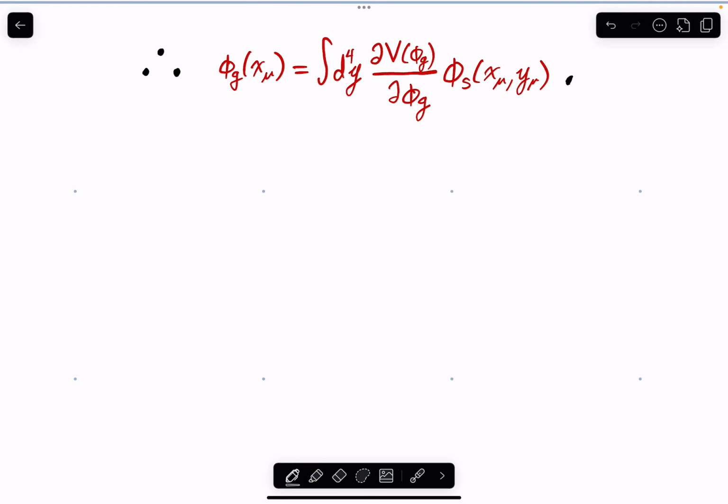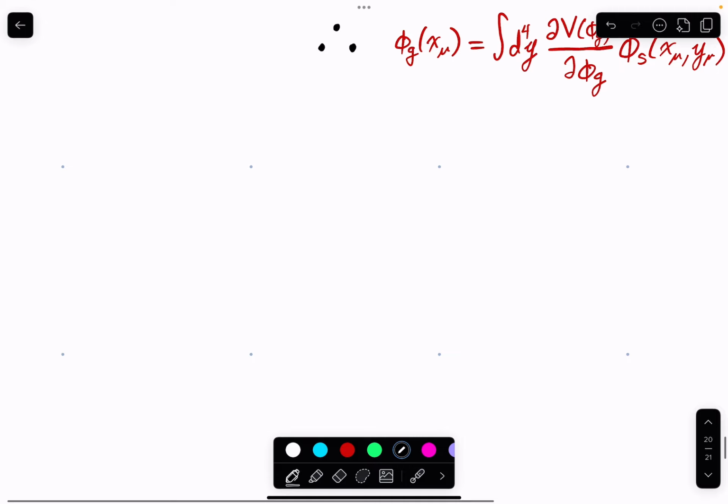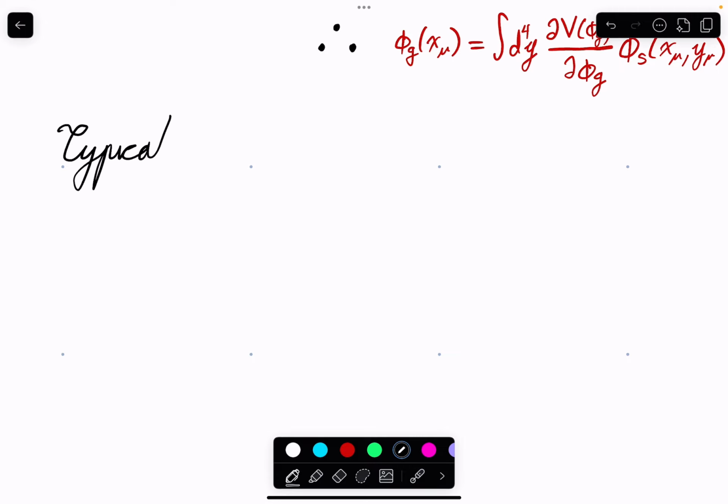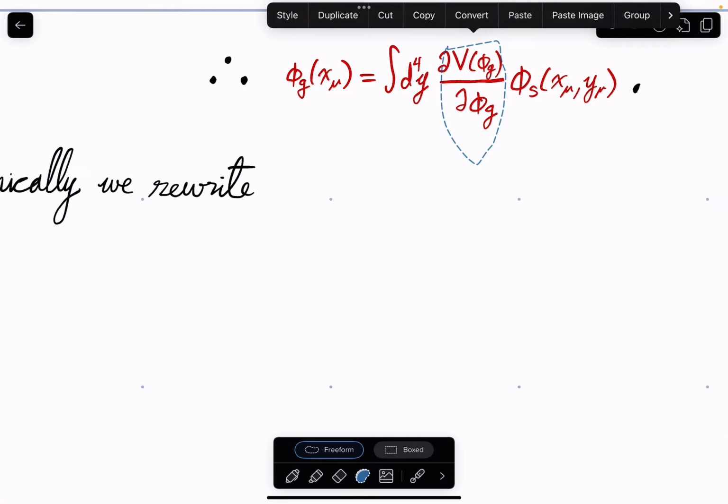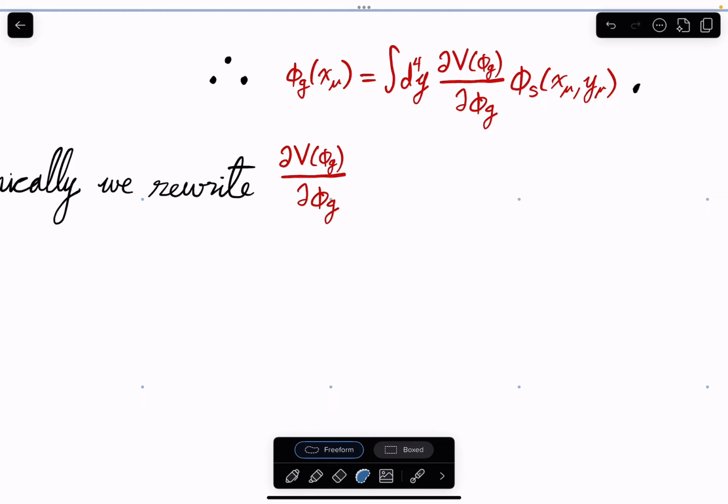So typically, just for some simplification of notation, we rewrite this derivative right here as being equal to just v prime, phi of g.